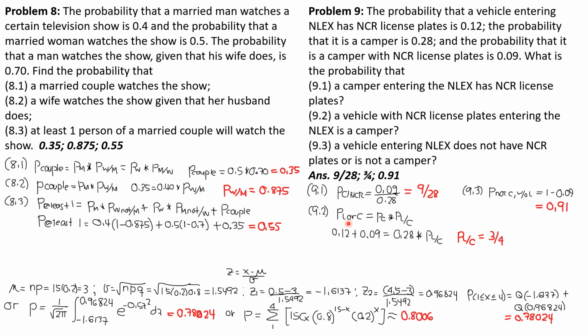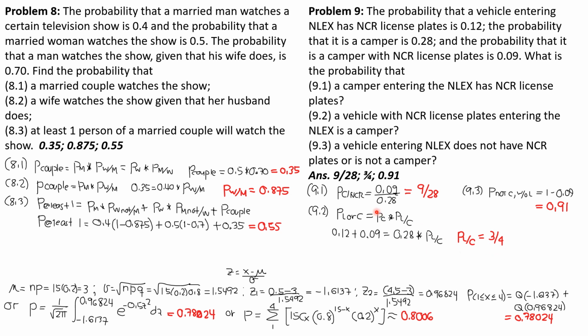So the probability that the vehicle entering the NLEX has license plates or it is a camper is 0.12 plus 0.09. 0.12 as mentioned here is the probability that a vehicle entering NLEX has NCR license plates. If it is a camper with license plates, it is 0.09. Then equals the probability that it is a camper, 0.28, times the probability that it has license plates given that it is a camper: 0.12 plus 0.09, 0.21 divided by 0.28 is 3/4.